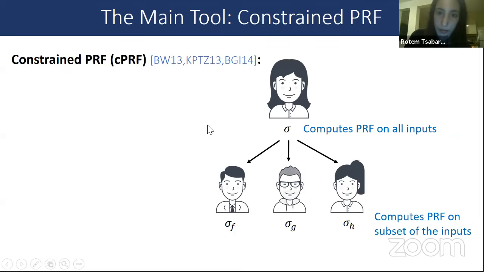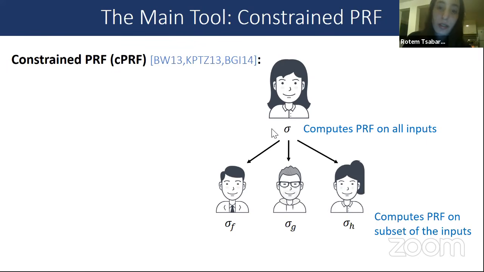So what is a constraint PRF? It has a somewhat similar flavor to attribute-based encryption. In a standard PRF, if you don't have the secret seed, then all of the PRF evaluations look pseudo-random to you. And if you have the PRF seed, then you can compute the PRF on all possible inputs. In a constraint PRF, there is the master seed, which again can compute the PRF on all possible inputs.